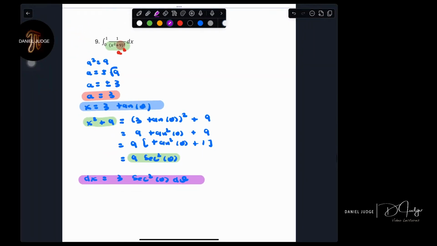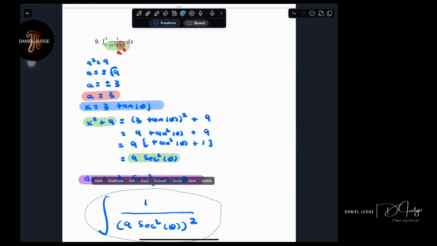Okay, so let's put everything together here. This will be the integral now of 1 over x squared plus 9. That's going to be 9 secant squared theta squared down there, and I should say, we do need some more space.